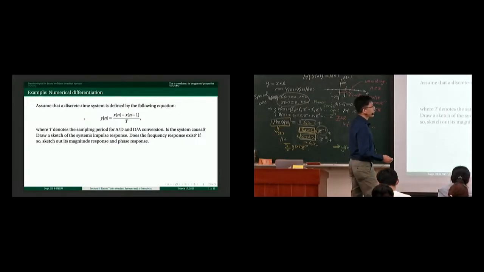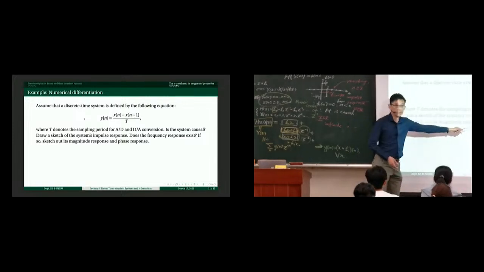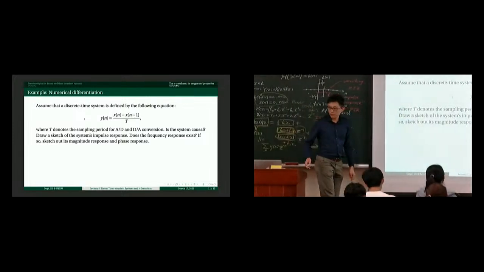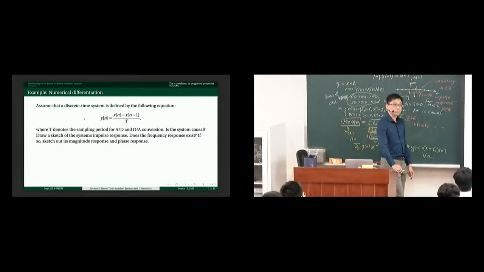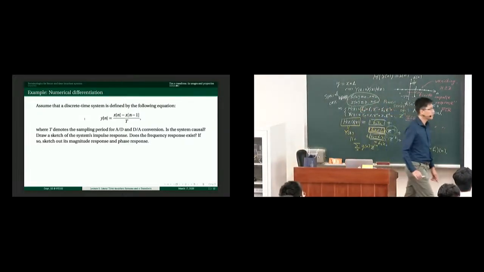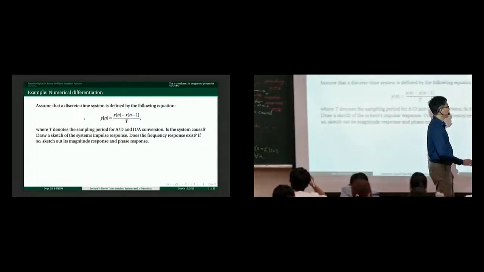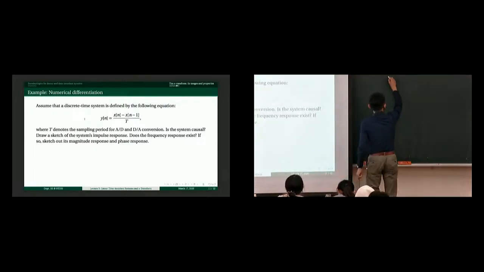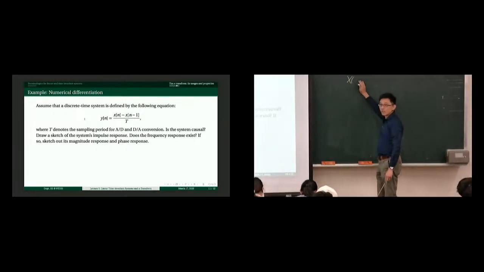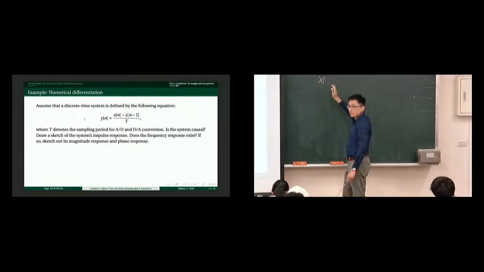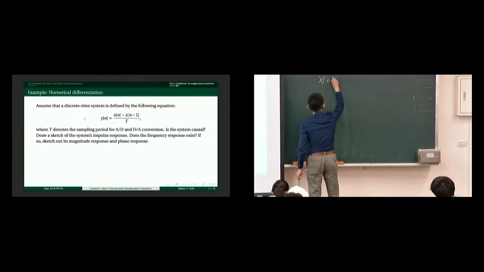Now, does the frequency response exist? Yes or no? Now we can attempt to evaluate the Z transform on the unit circle. Okay, let's attempt to evaluate the Z transform on the unit circle.